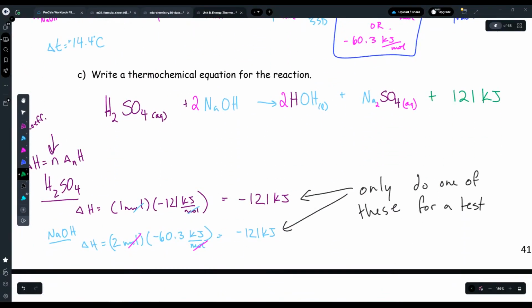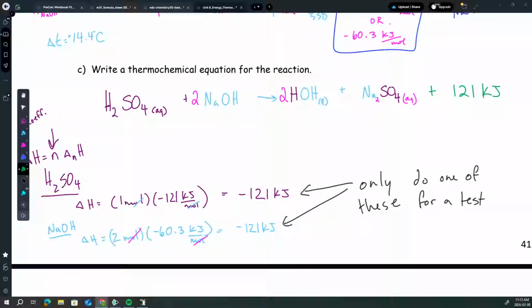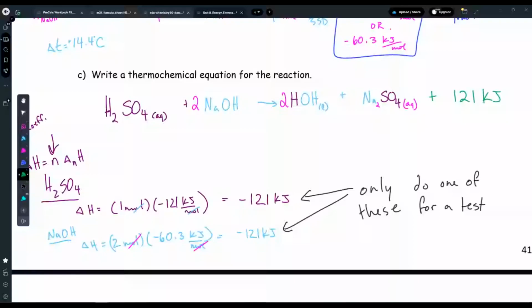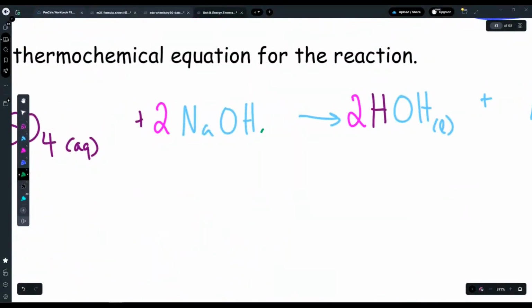So another reminder, you never use molar enthalpy for your energy term in your thermochemical equation. You only ever use change in enthalpy. And then one last thing that I realized that I accidentally missed, this should be written as aqueous here.